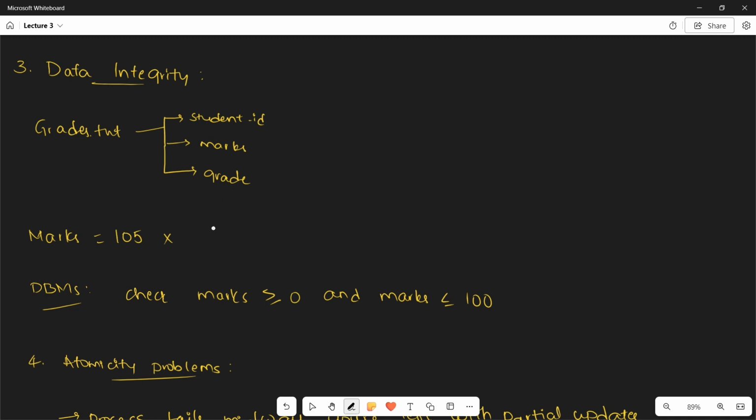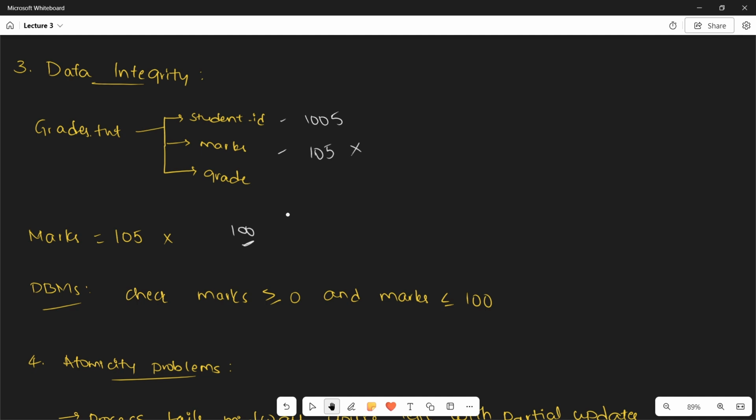The total marks are usually around 100, right? Let's say I have entered the student ID as 1005 and his marks as 105. 105 marks is not possible, but in a file system you can write 105 marks, right? Here, in DBMS we can write constraints.